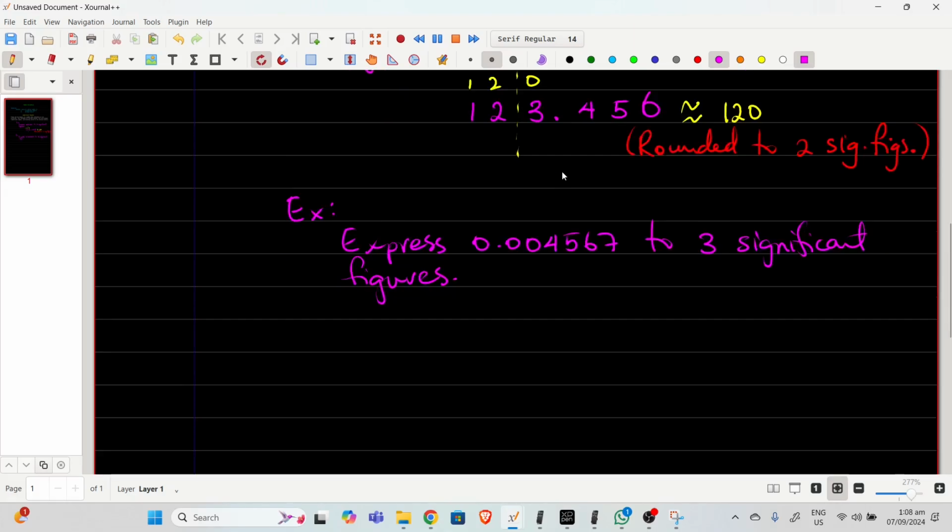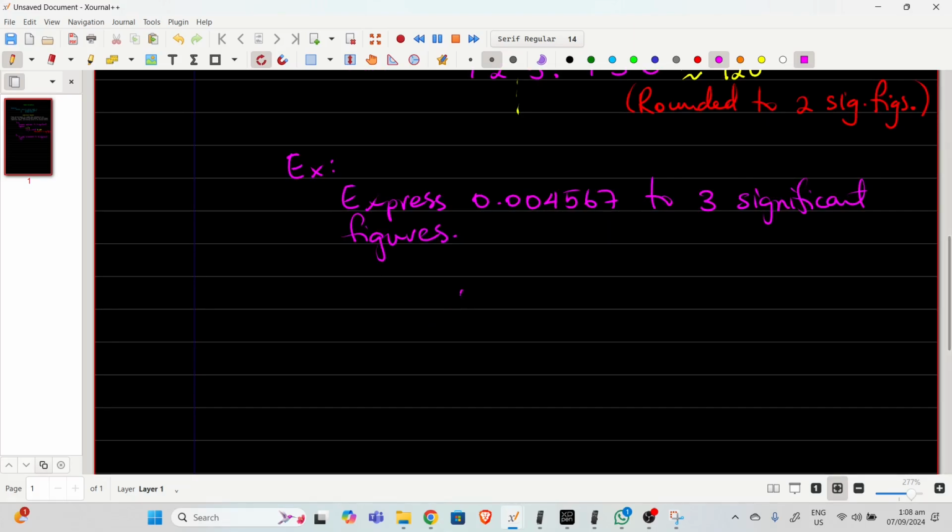That's not going to be difficult. So 0.004567, and let's count. 1, 2, 3, cut off here. We'll say it's approximately 0.00, and you'll be wrong. This is not what you have to do.